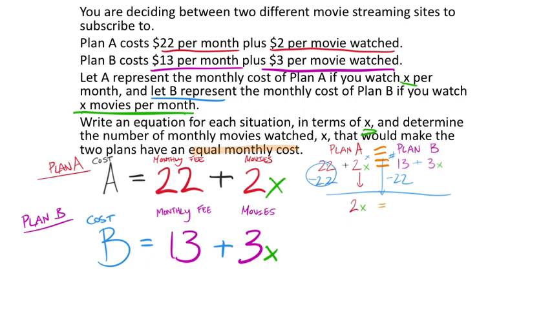And this equals 13 minus 22, negative 9. And then we can drop the positive 3x there. Okay, so this is helping us solve for x. I just made our 4-term equation a little bit smaller into 3 terms right there.